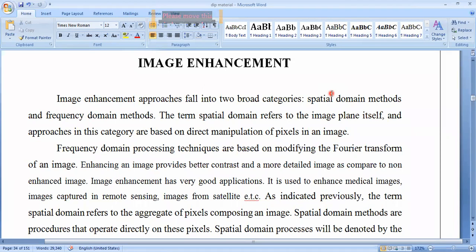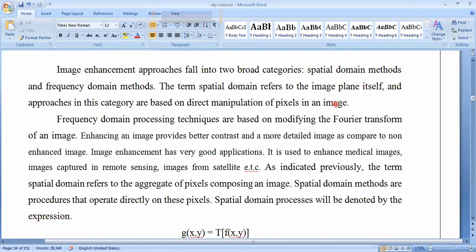So broadly, there are two types of classifications. Image enhancement is broadly divided into two types. One is the spatial domain, another one is the frequency domain. You see here, the image enhancement approach falls into broad categories: spatial domain methods and frequency domain methods.